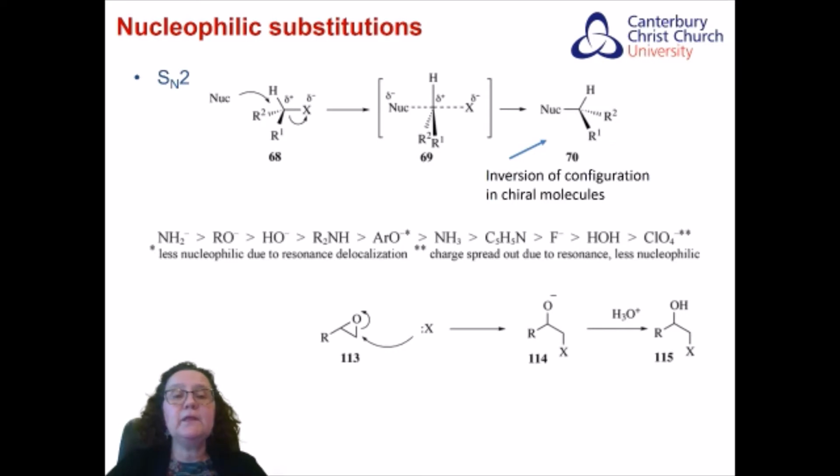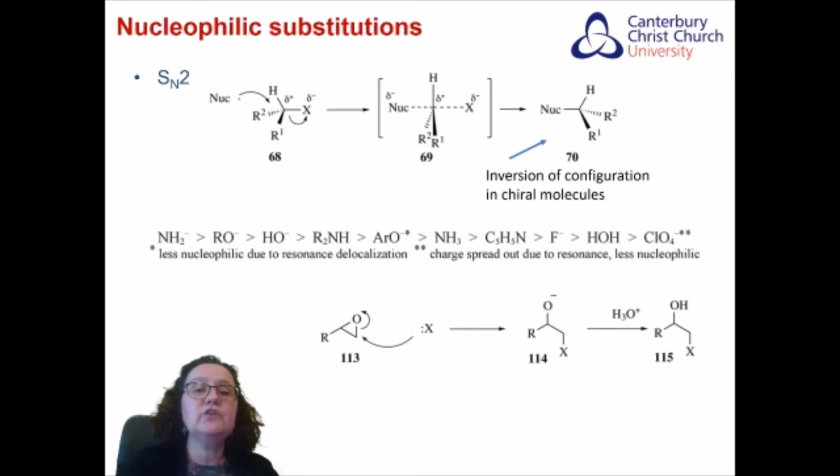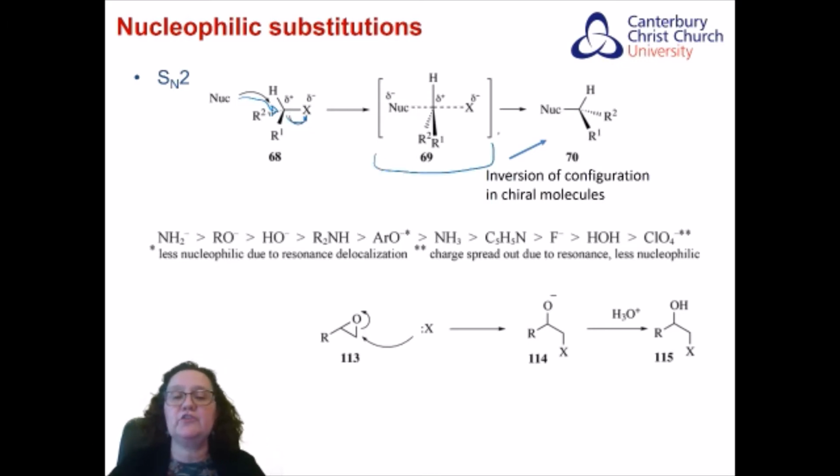In the SN2 mechanism, the nucleophile enters the molecule as the leaving group is leaving the molecule. So you have this intermediate of reaction. The kinetics of the reaction is second order. It depends on the nucleophile, and it also depends on the compound you are doing the reaction on.